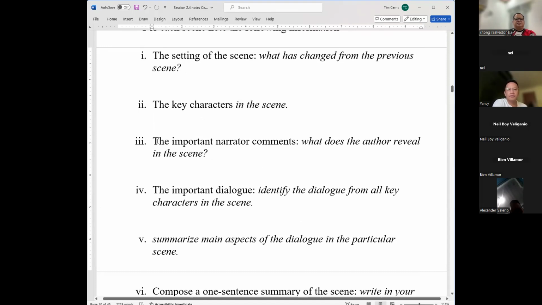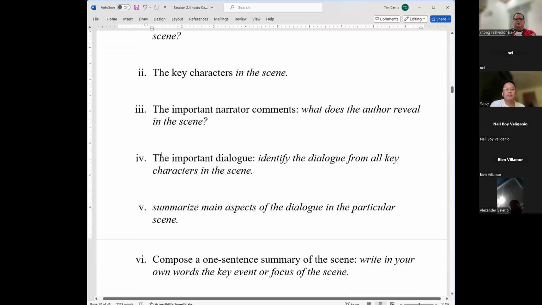And then the third element we look for is the narrator comments. What does the narrator have to say within that particular scene? Then we want to identify, what about the characters? What do they say that seems important in the scene? And then we take that and summarize the scene, basically.